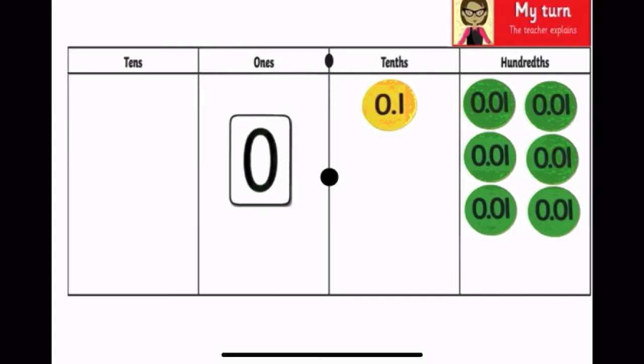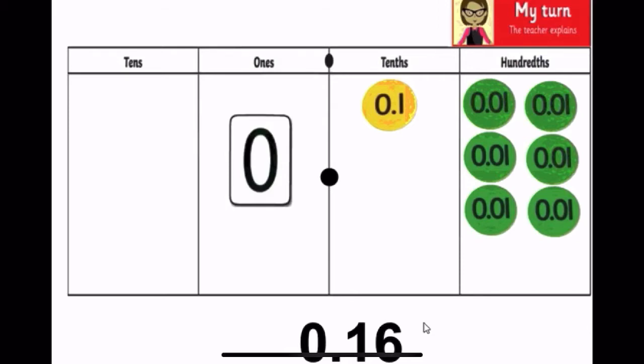And so now that's going to help me to write my decimal. I've got 0 in my ones. I need my decimal point. I've got 1 tenth and I've got 6 in the hundredths. 0.16, which is the same as 16 hundredths.